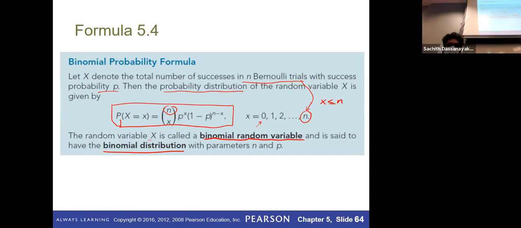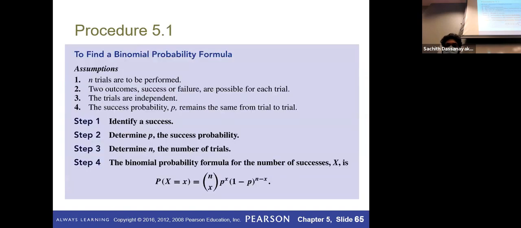This is defined on Bernoulli trials. Clear? So I think I have mentioned these things. N is the number of trials, outcomes are independent, and they are success or failure.